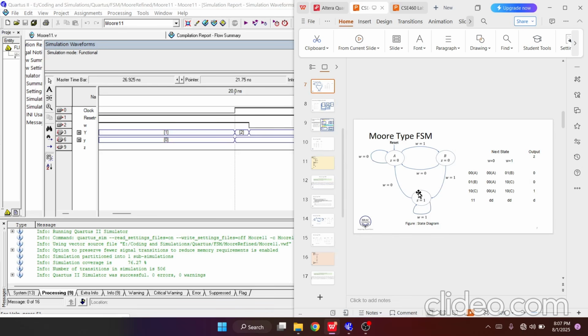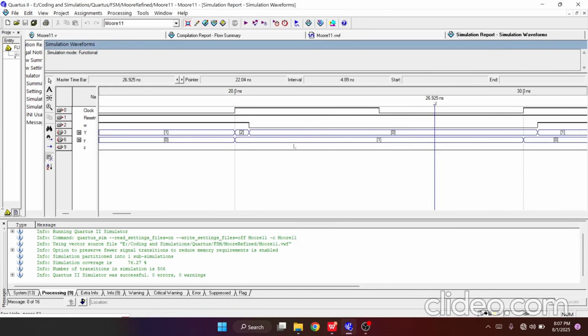If C was your present state, your output would have been high, but from 20 to 30 nanosecond you can see that your small y is 1, that is, your present state is B state, so your output is not high, which is correct. So for this particular time range, I have explained why it is 2.